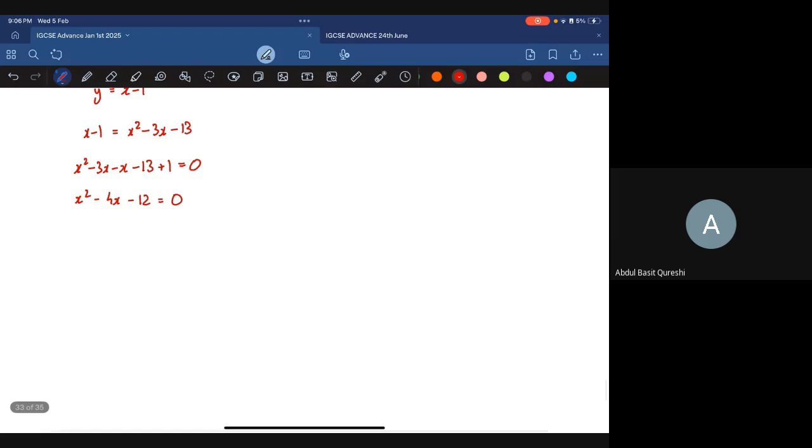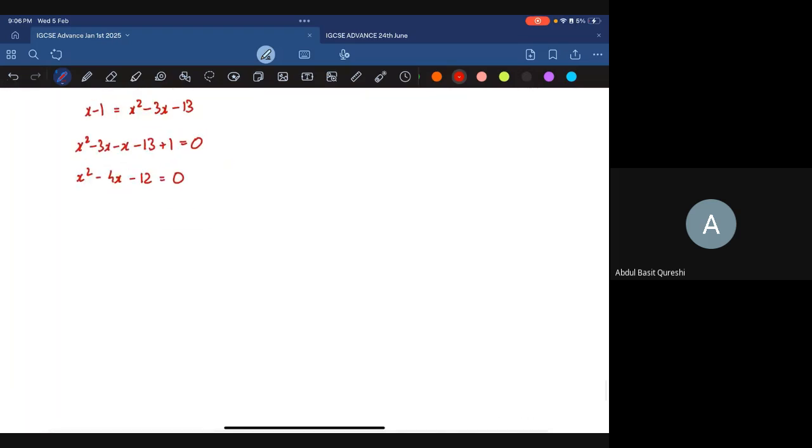I can use my quadratic formula to solve this part now. Or can I use middle term breaking for this? Yes, I think I can. I don't even have to use the quadratic formula.